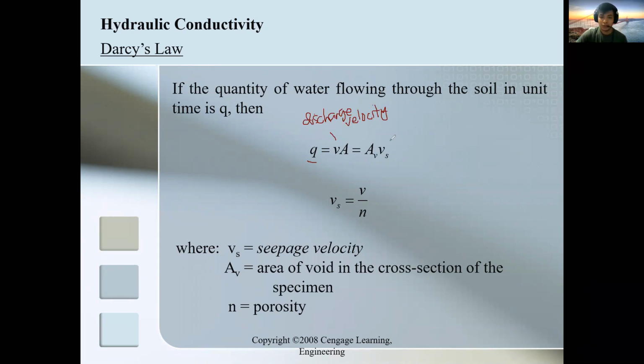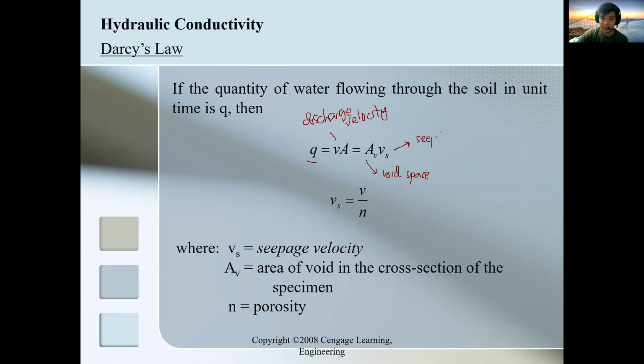Now, we can also use the other formula, which is A sub V, meaning we have to determine the area of the void space alone, our third figure in the last two slides. And Vs is your seepage velocity.